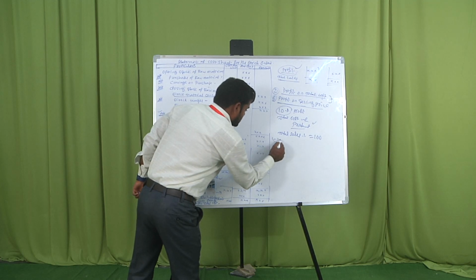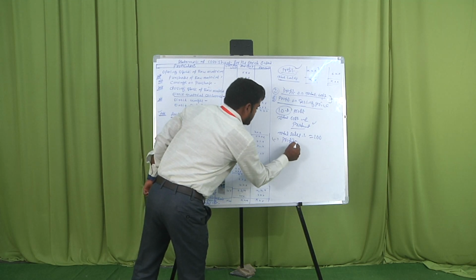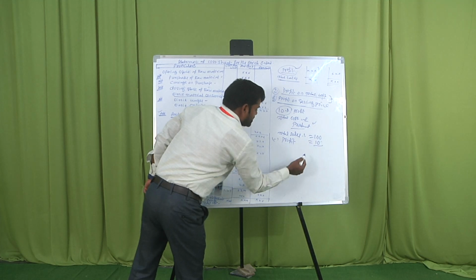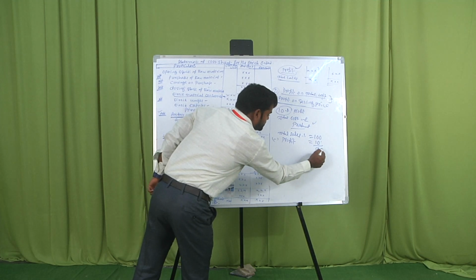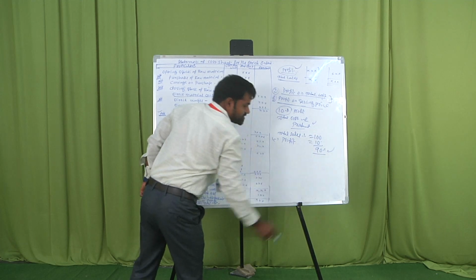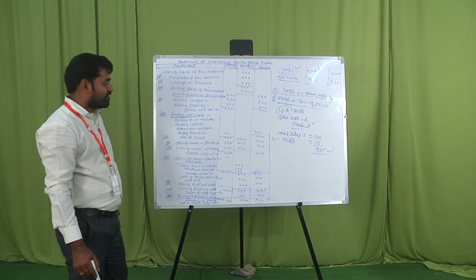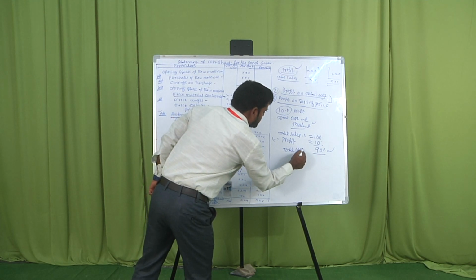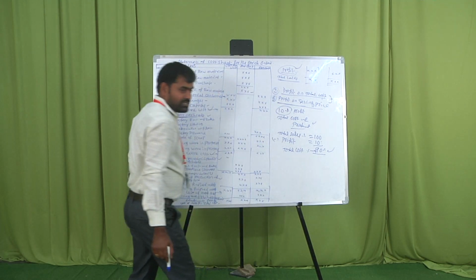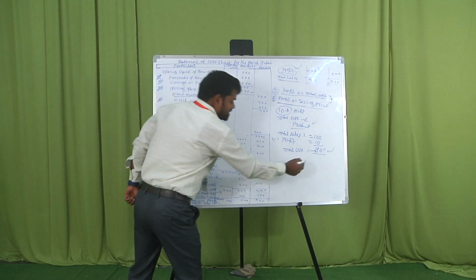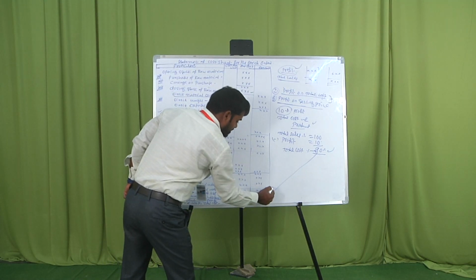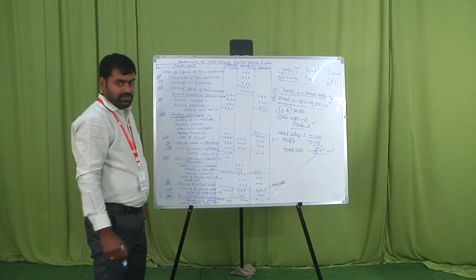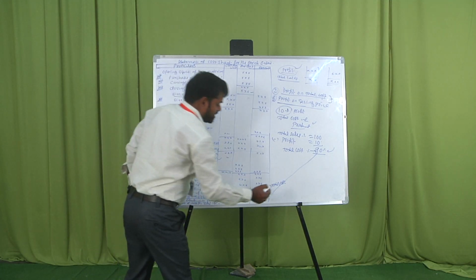Then you deduct the profit percentage. Whatever is given in the problem, the 10%, is deducted from the total sales percentage. The remaining 90% is called the total cost percentage. This total cost percentage, 90%, is equal to the total cost amount.